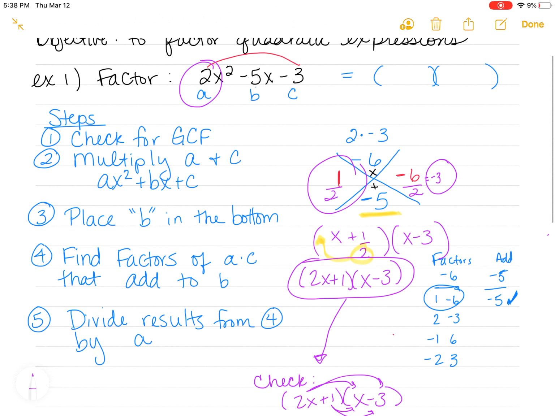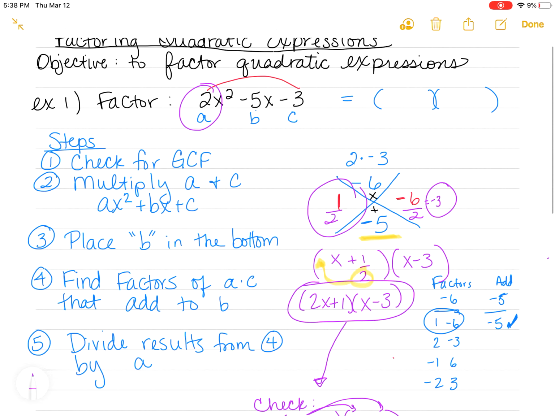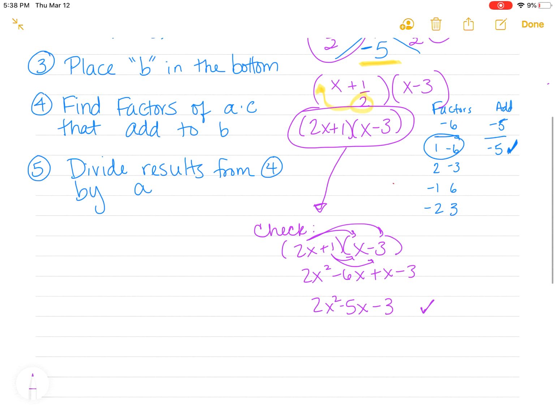So I get 2x squared minus 5x minus 3. Hopefully that's my original equation. So if I scroll back up, I see that, yes, that is indeed my original equation. And so it worked. So what we know is that 2x squared minus 5x minus 3, its factored form is 2x plus 1, x minus 3.